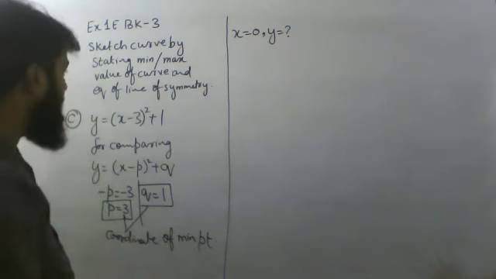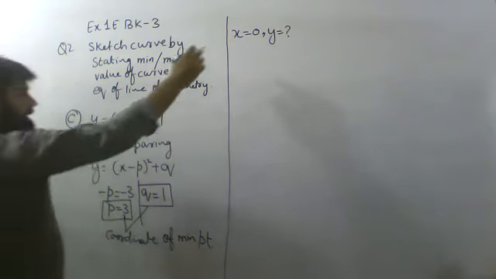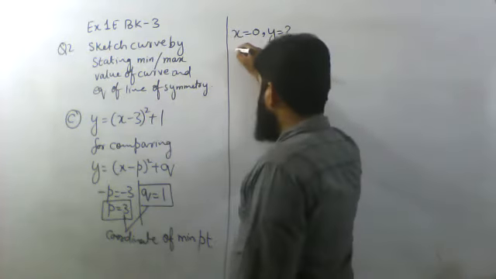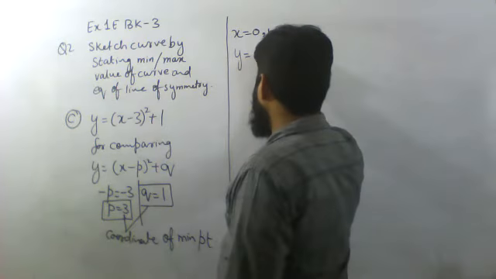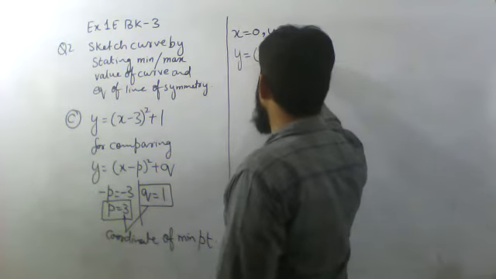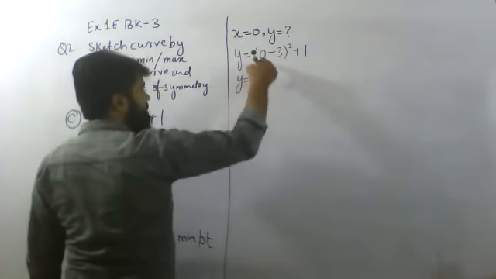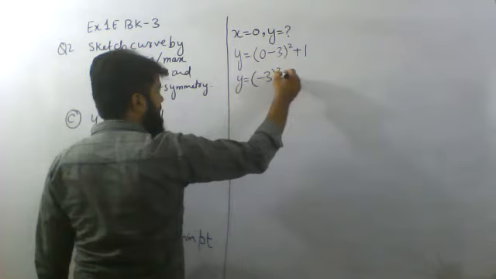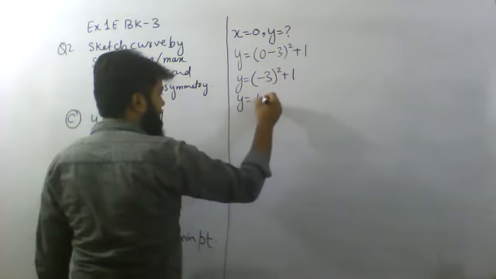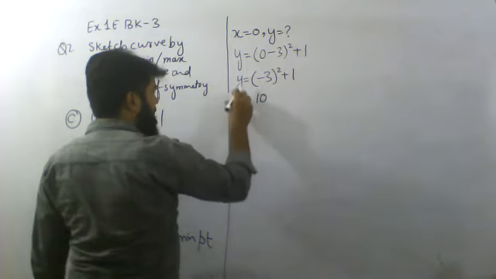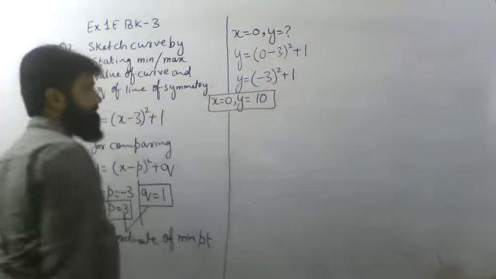In this equation, when x is 0, y equals (0 minus 3) whole squared plus 1. 0 minus 3 is minus 3, whole squared is 9, and 9 plus 1 is 10. So when x is 0, the value of y is 10.